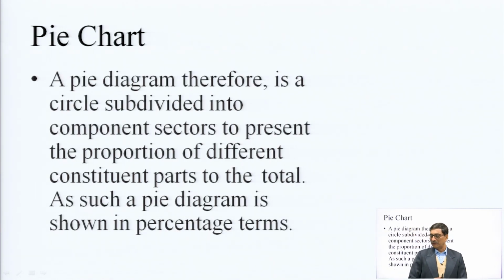A pie diagram therefore is a circle divided into component sectors to present the proportion of different constituent parts to the total. As such, a pie diagram is shown in percentage terms.